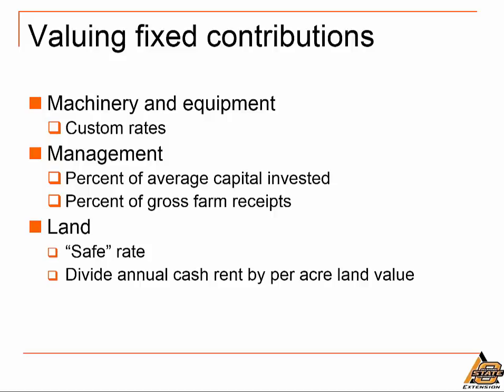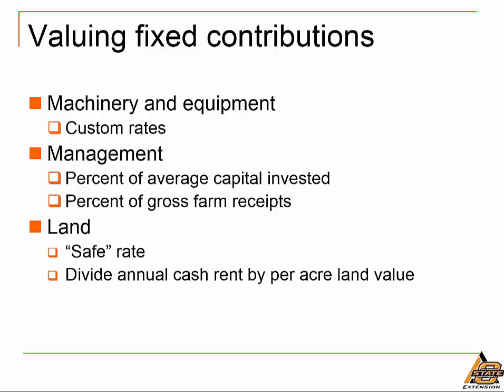The contributions of land, machinery and equipment, labor, and management may be more challenging to value, but certainly must be recognized. One option for valuing machinery and equipment contributions is to have the owner prorate annual cost to the lease based on the portion of the total acres operated.